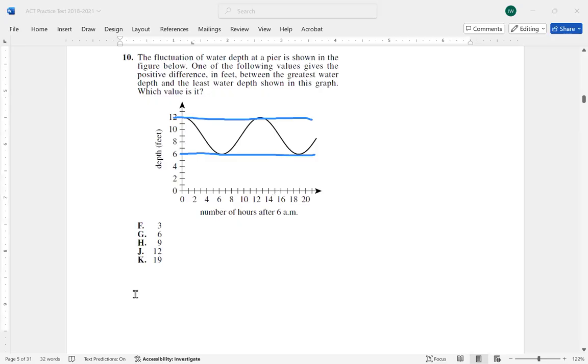And so if we're looking for the positive difference in the greatest and the lowest, all we would do is take 12 minus 6, and that is equal to 6. So 6 is the answer to question 10, and that is option G.